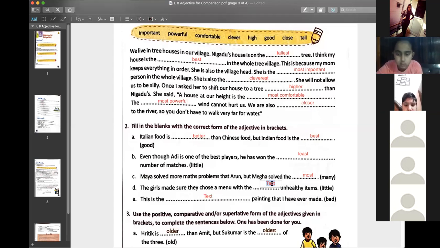Priyanshi, least. This is the dash painting I have ever made. Aditya Gerola and Gunjan are only studying here. Others?